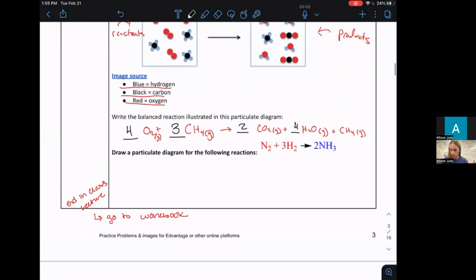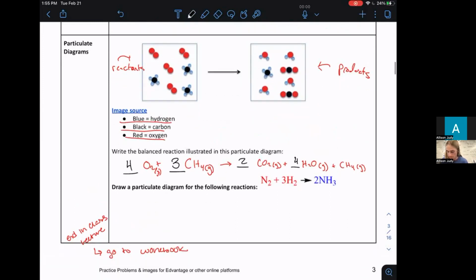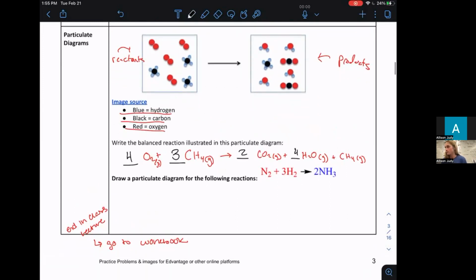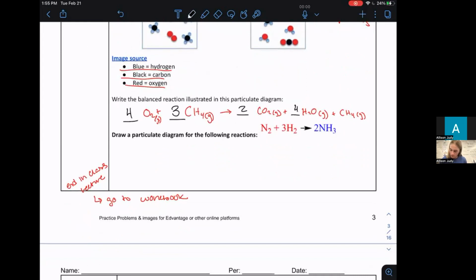If you see a liquid, it'll probably be in the bottom half of the container, or a solid, you might see a lattice structure of different atoms in a nice grid or something. They're pretty easy to interpret most of the time. It's like a picture of the reaction that's going on. I trust that you guys will do all right with the particulate diagrams.